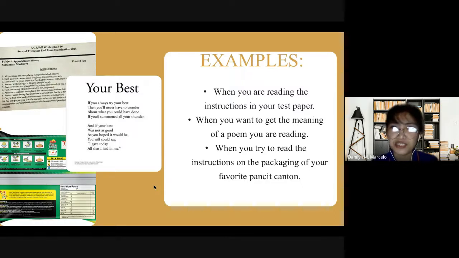When you are reading the instructions in your test paper, we carefully read them word by word, and we really take time to understand them because we are avoiding making mistakes. That's when we are intensive reading. We are focusing, getting the literal meaning of the material that we are reading.